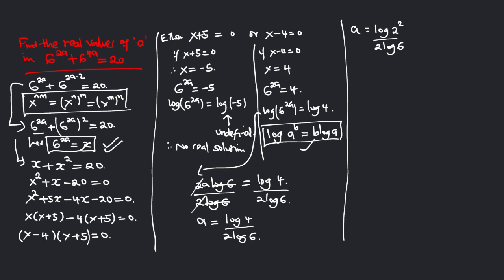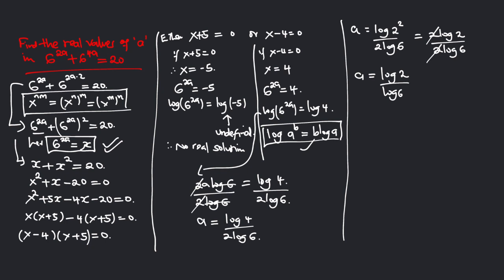So log 2 squared will be rewritten as 2 log of 2 divided by 2 log of 6. But of course, we can see that 2 is common. We can cancel them out, and if we do, we will remain with a being equal to log 2 over log 6.